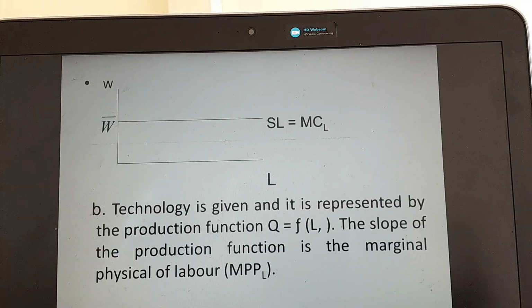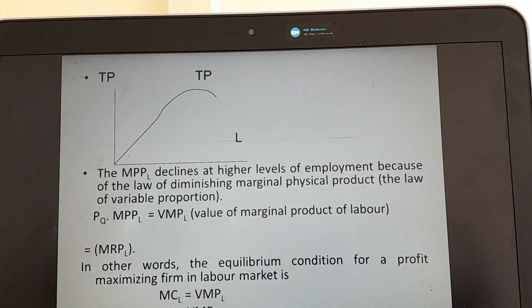The production function, on the other hand, is a function of labor. As our assumption is there is only one factor in the production function. The slope of the production function is the marginal physical product of labor, MPPL, the slope of total product.